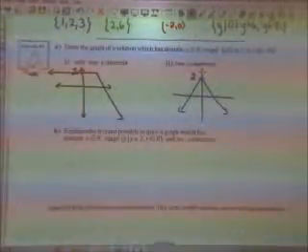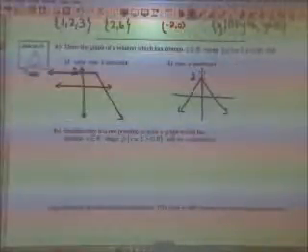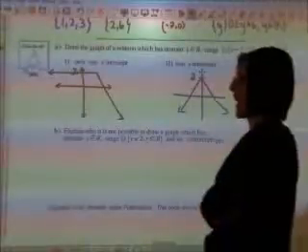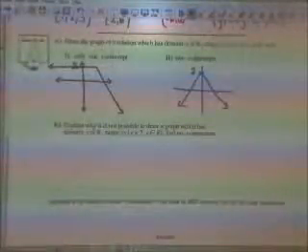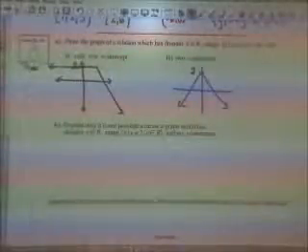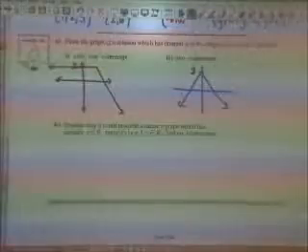Why is it not possible to draw a graph which has a domain that x could be anything, the range has to be less than or equal to 2, but it can't cross the x-axis? Because you don't have all the four diagonals.